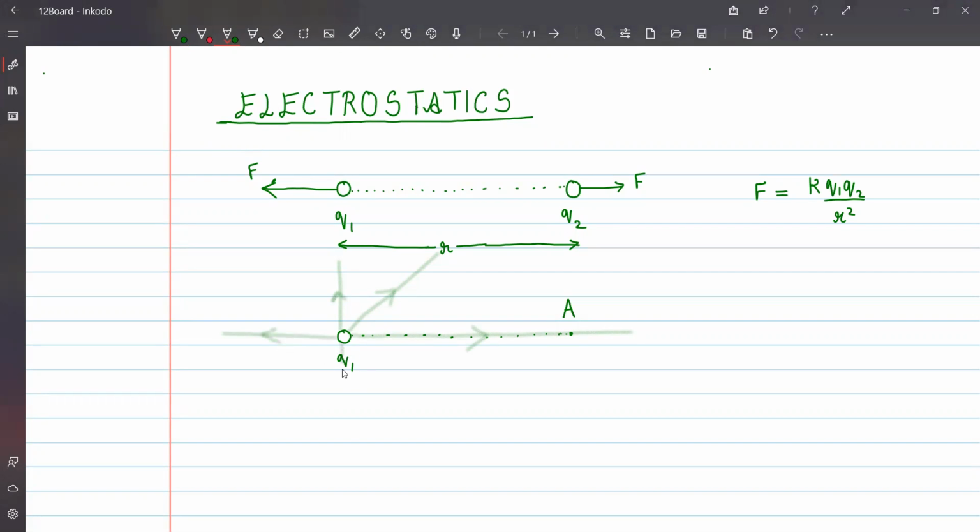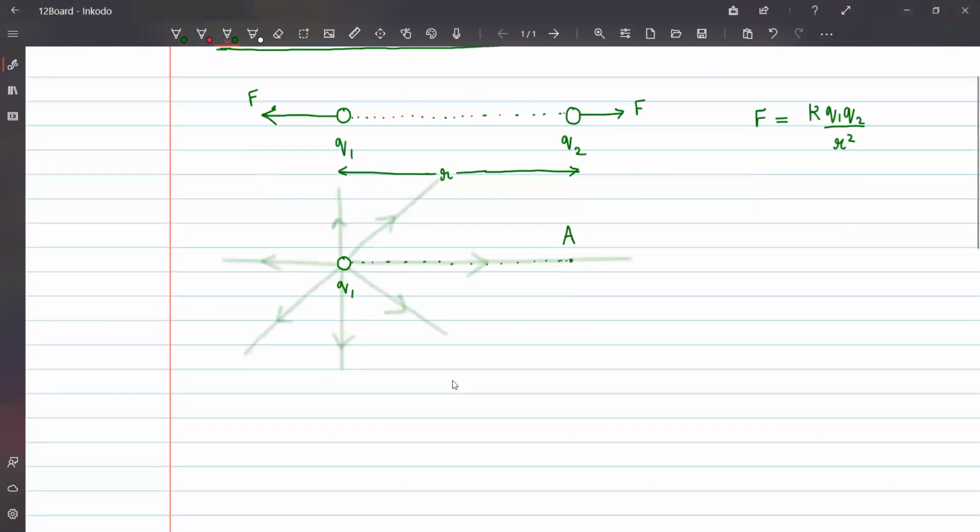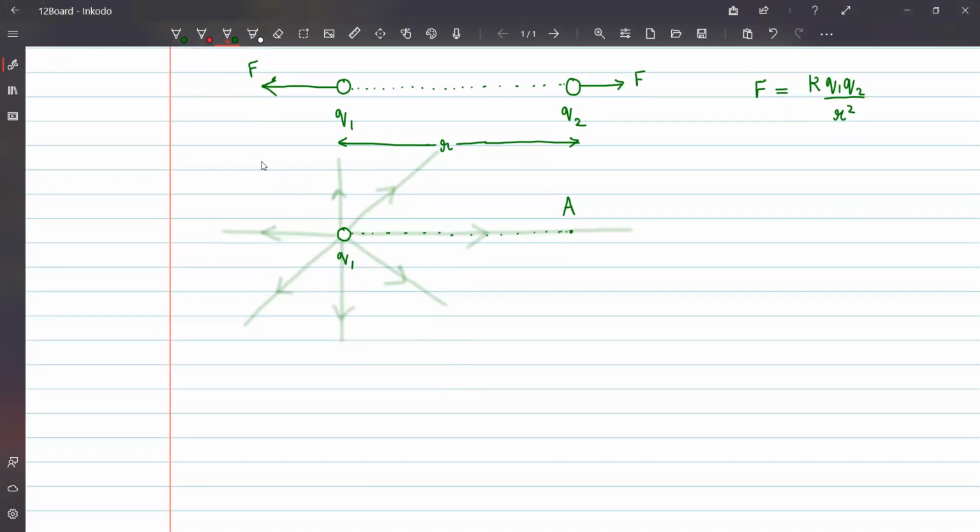So what scientists said was that there must be something coming out of the charge Q1 such that the other charge can detect its presence. This whole theoretical concept brought new insight into electrostatics.